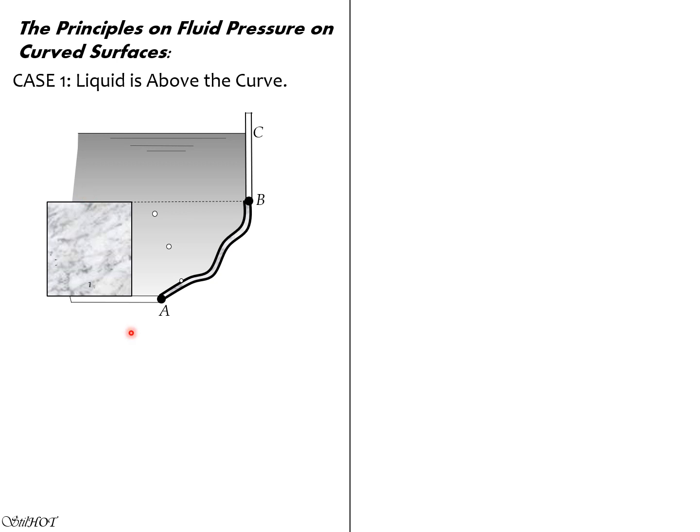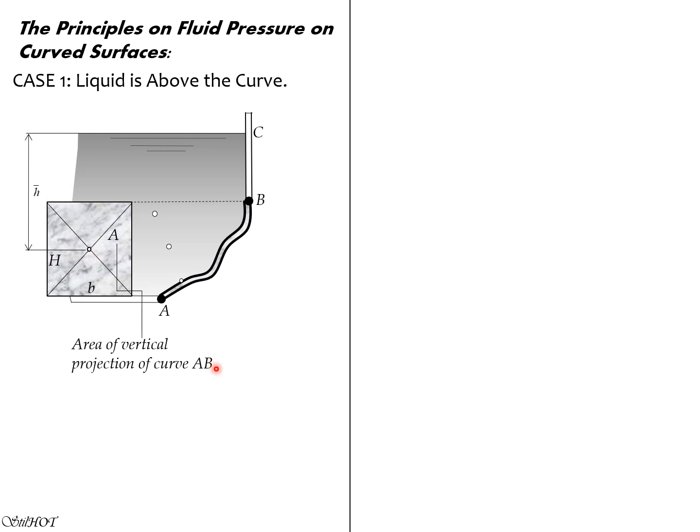So we will denote that by B, and the vertical projection of the height as H, and the length perpendicular to the board or perpendicular to the slide as B. Then for FH, we simply apply the same principle as that of plane surfaces. That is, FH is the specific weight times h bar times the area, where h bar is the distance of the centroid of this projected area from the liquid surface.